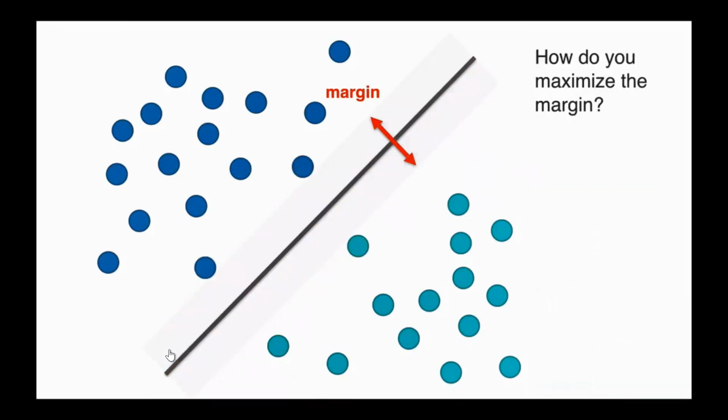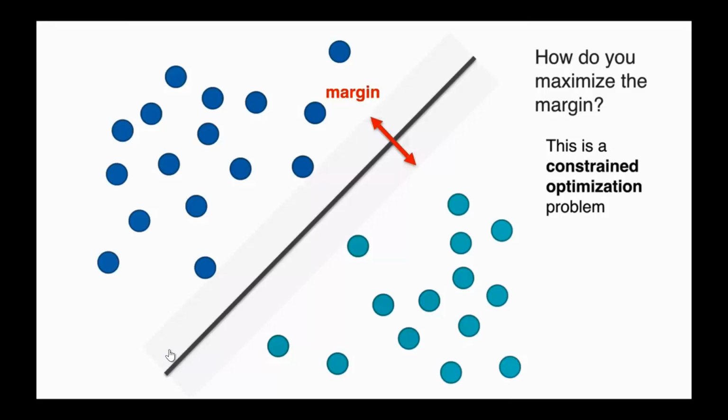Okay, so how do you maximize the margin? Well, this is actually a constrained optimization problem. There are two parts there: the constraint and the optimization piece. Let's break it down. The reason you're trying to optimize something is that in this case, we're trying to maximize the margin.